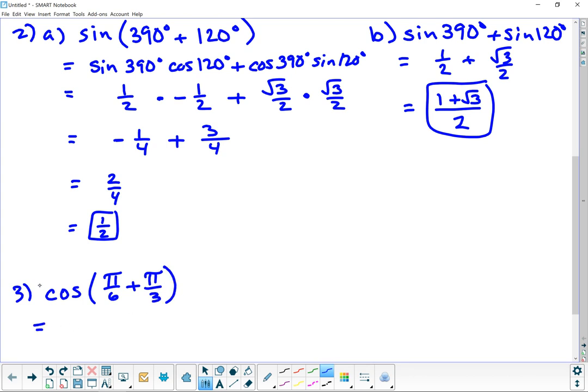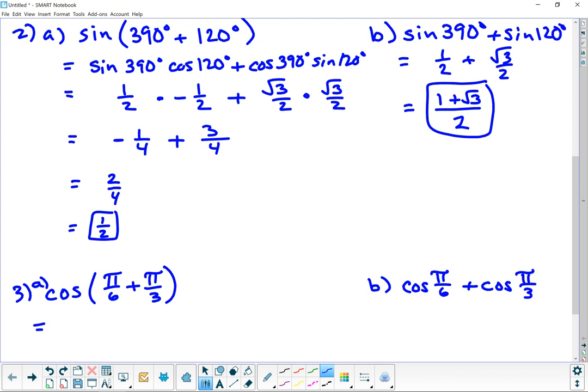And that's A. Part B is if we don't do it correctly and we distribute it, we'll get cosine pi over 6 plus cosine pi over 3.